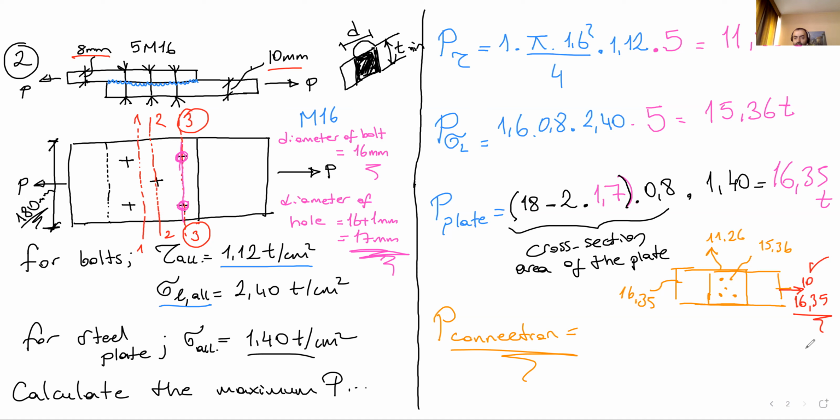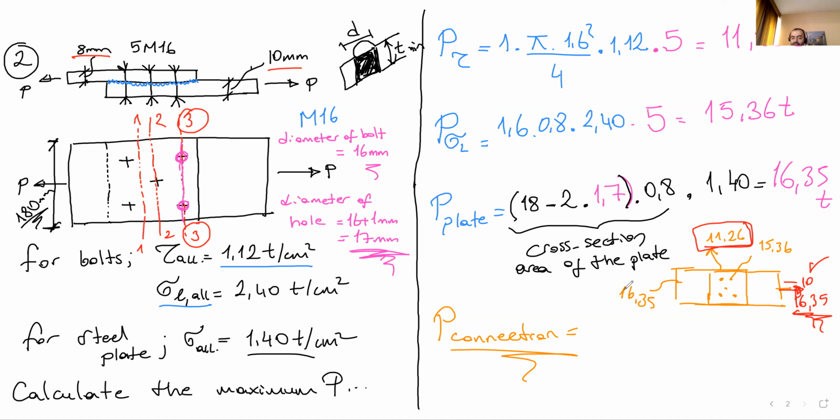But take a look at other capacities, shear and bearing capacities. One is 11, other is 15. So the bolt capacities are less than the steel. So till we get this 16, when we apply this loading to the connection, when we get the 11.26, the connection will fail.